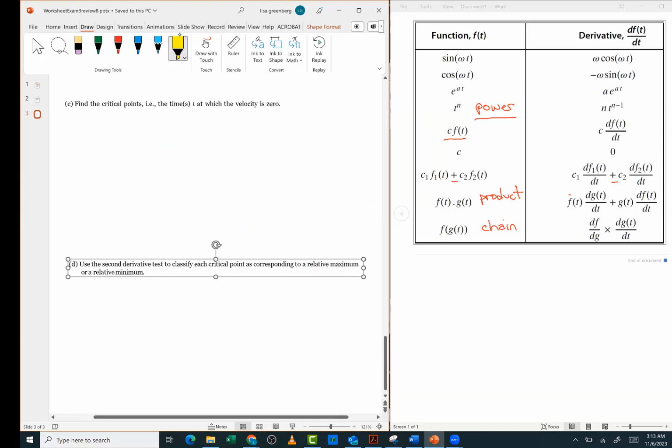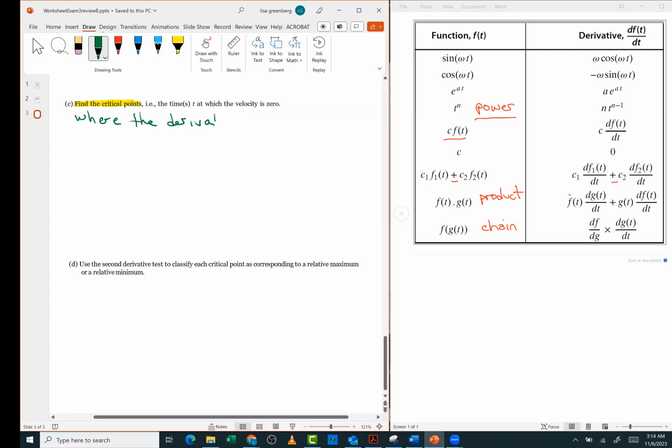Now it says find critical points. I don't know if we've had that much interaction with critical points. Critical points are where the derivative is either equal to 0 or undefined.